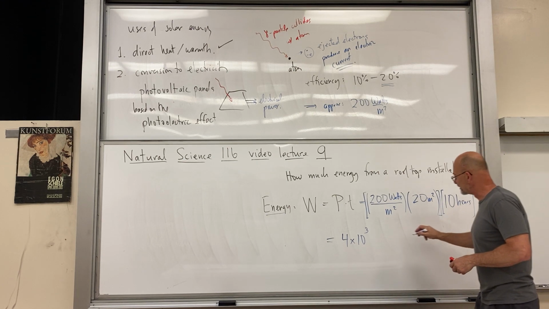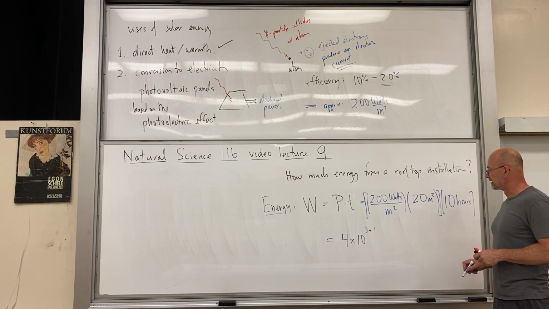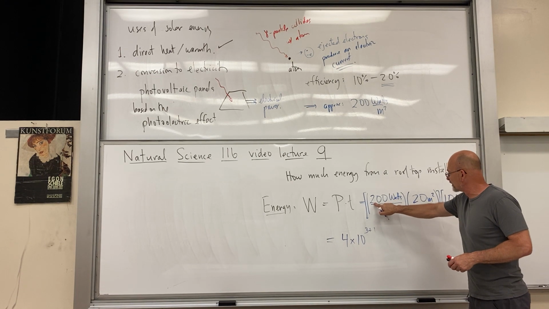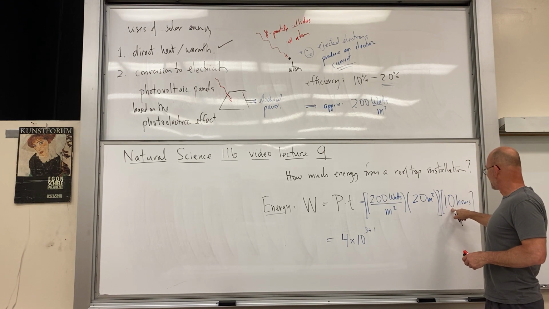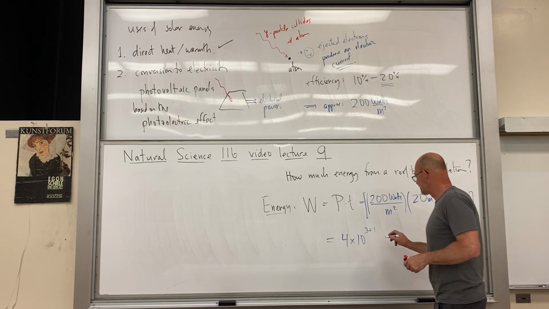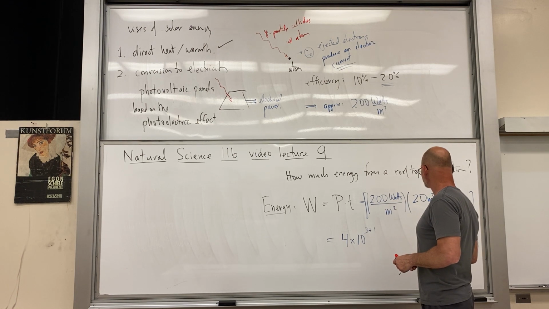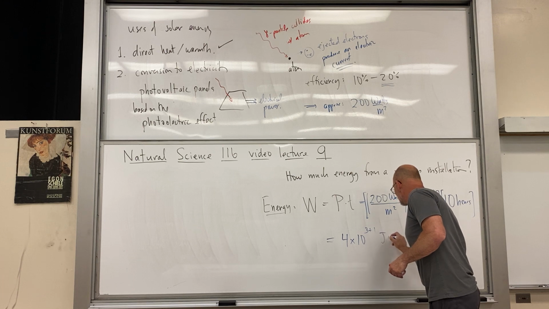And then we have times 10 plus 1. So the numbers themselves are just 200 times 20, that's 4,000 times 10, so that's 40,000. Okay, that's just going to be a number. But let's actually, before we do that, let's write what we have here. That would be joules.